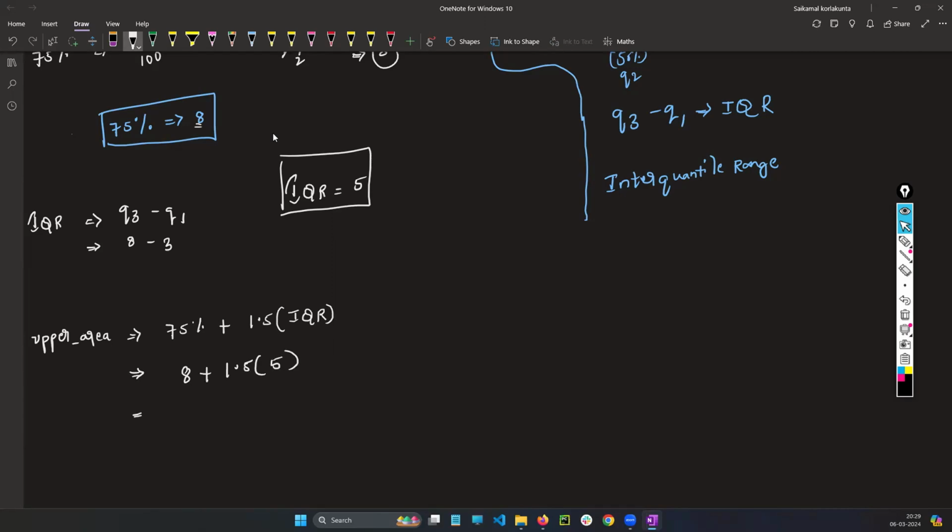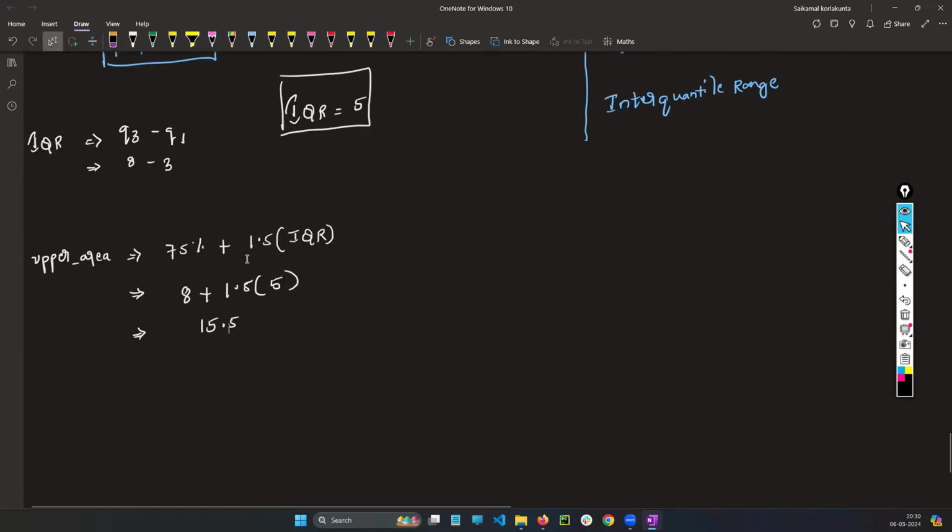If you solve this, what are you getting? 15.5. 15.5 is the upper area.